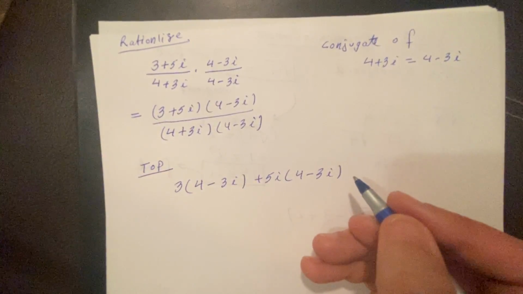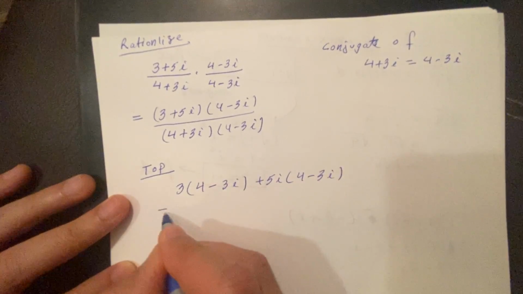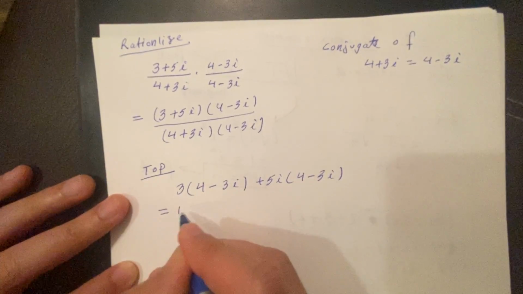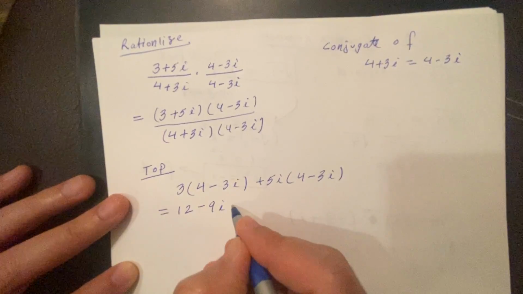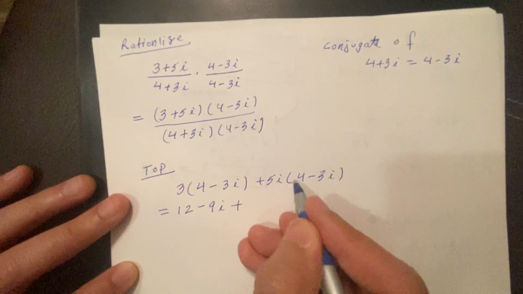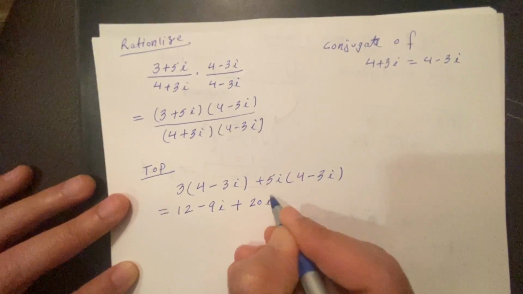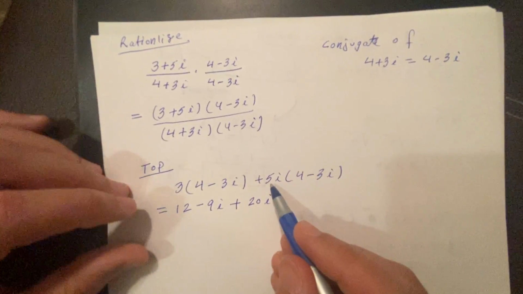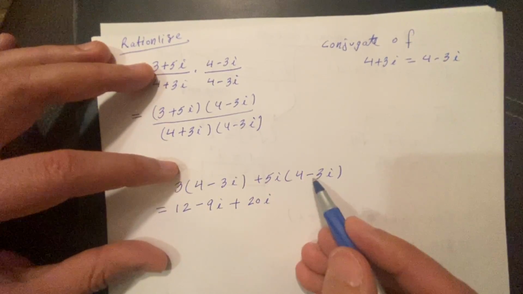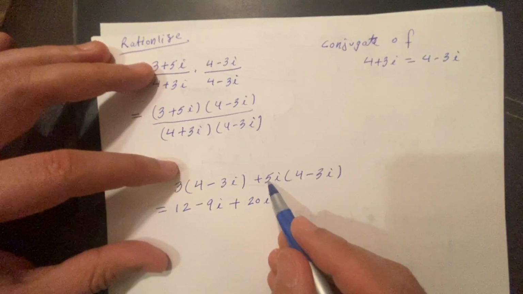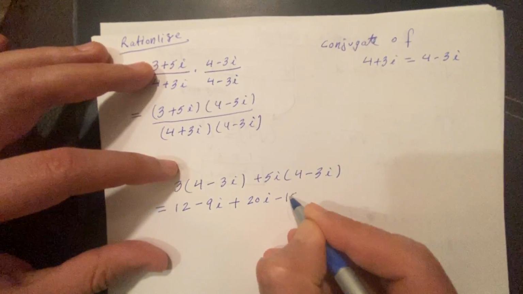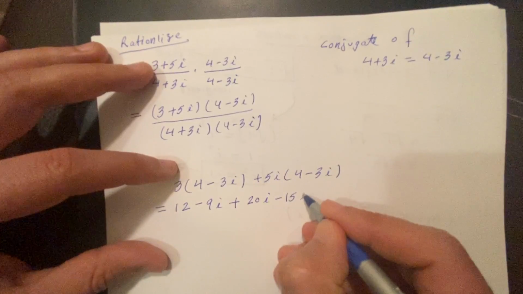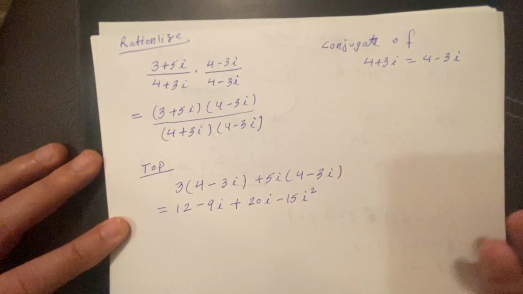This way we get 3 times 4 is 12, 3 times negative 3i is negative 9i, plus 5i times 4 is 20i, and positive 5i times negative 3i is, well, first we can just multiply numbers. So 5 times negative 3 is negative 15. i times i is i square, right?